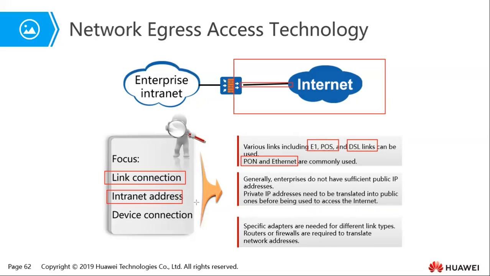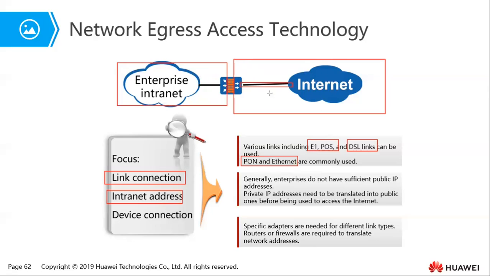Now, generally, we already are aware of the concept of network address translation. And we are aware that in our intranet, we use private IP addresses. But when we go to the public network or the internet, then we use public IP addresses. On the inside, we use private.